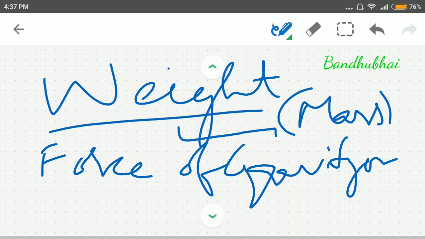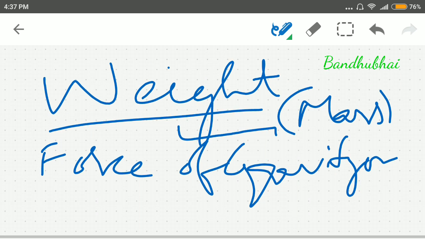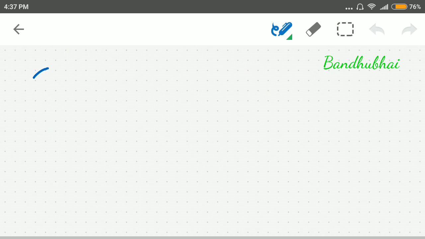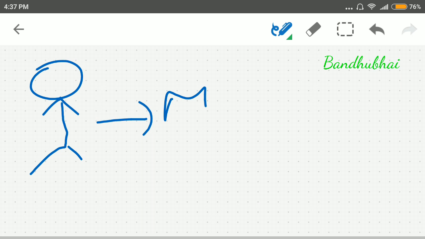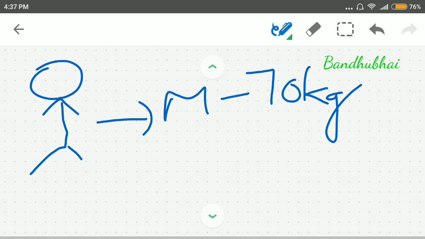Let me give you an example. Let's consider an object, a person whose mass is 70 kilograms. Then what's the weight?